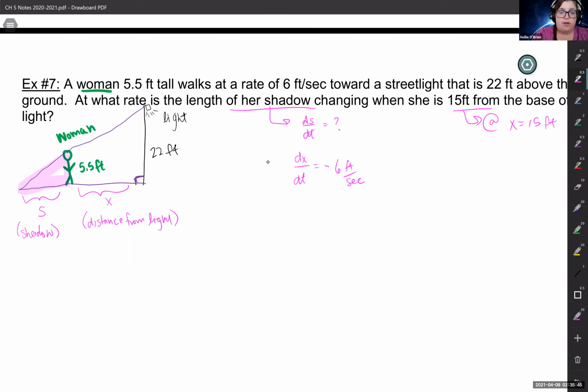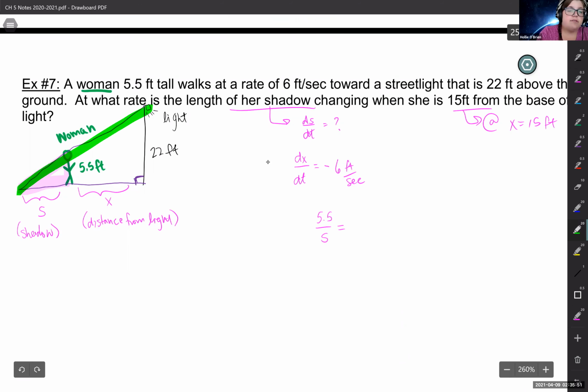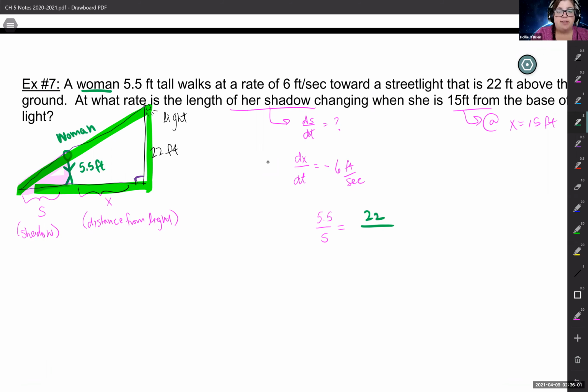So we have 5.5 over s, and this is going to be equal to the large triangle, where the height is 22, over the total width. Trick play: the width is going to be s plus x. And I realize my s's look like 5s. I should have picked something different, maybe w for shadow. Just try to be descriptive with my variables.